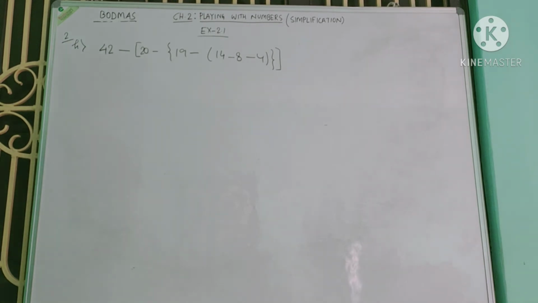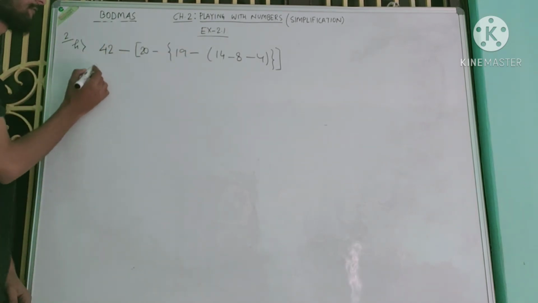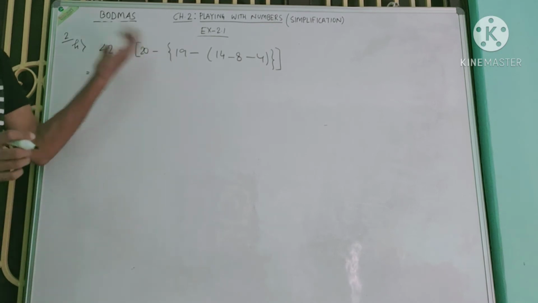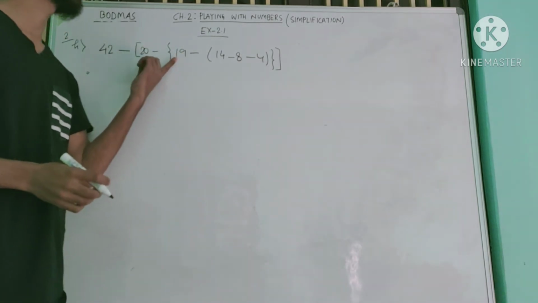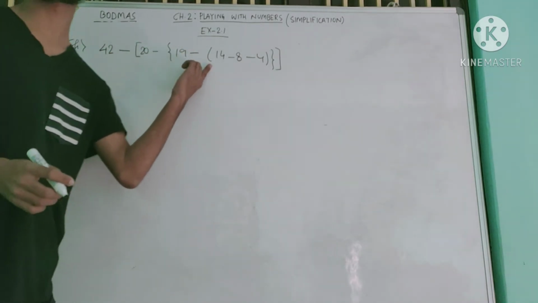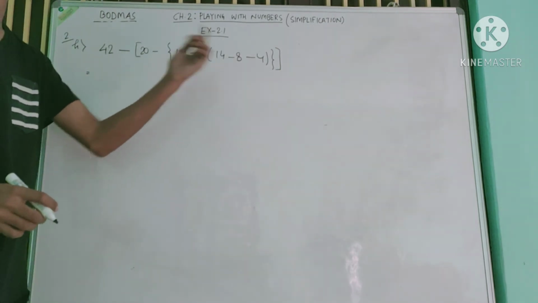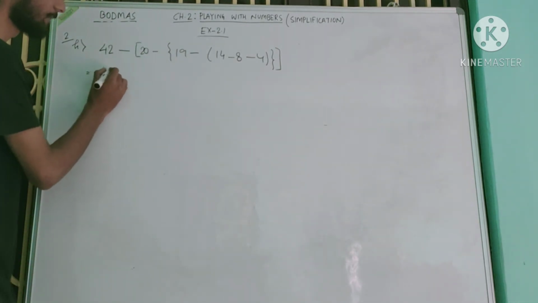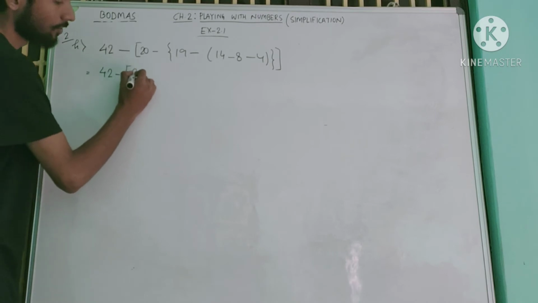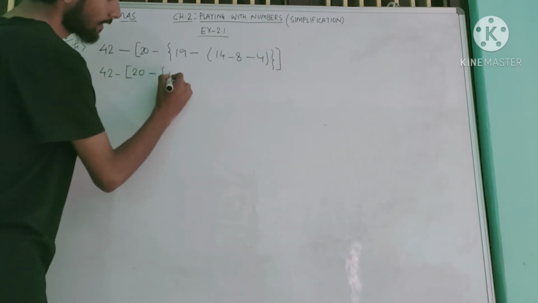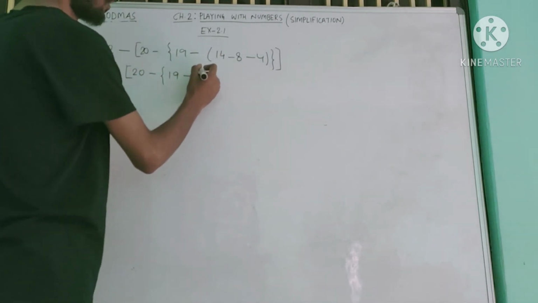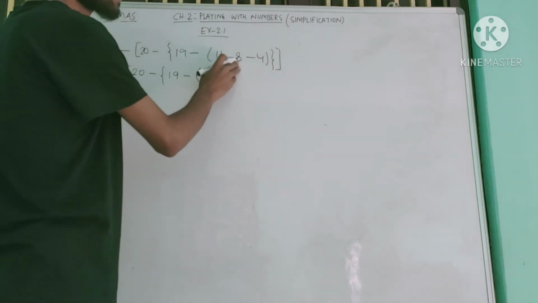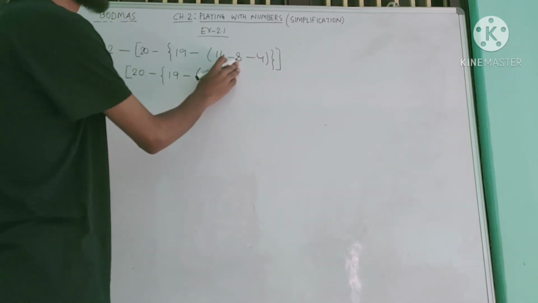Now we will see question number 8. Here there are so many brackets we have to do, because bracket is the first priority. So there are 3 types of bracket: first bracket, second bracket, third bracket. We have to solve the first bracket only. So all the portion remain same. 20 minus 19 minus, now here 14 minus 8 is how much?